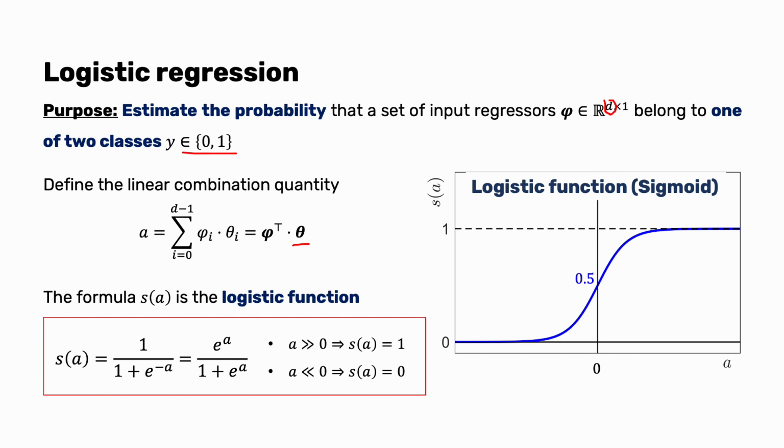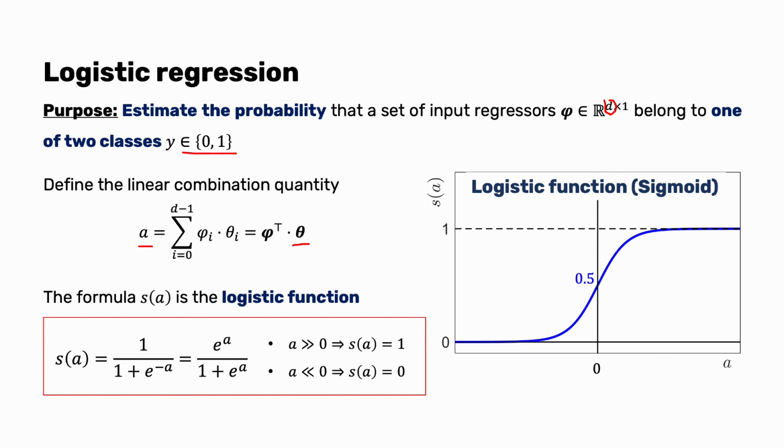Logistic regression will take the sigmoid of a, so the sigmoid of a equals 1 divided by 1 plus e to the power of minus a. Here we can see the S-shaped curve of the sigmoid function.